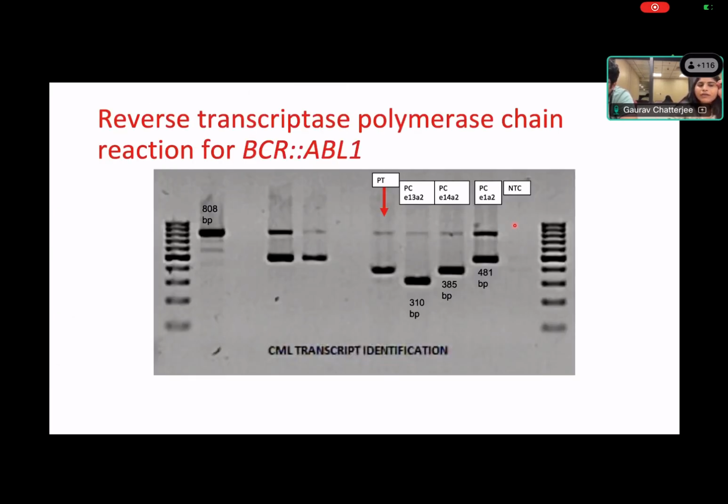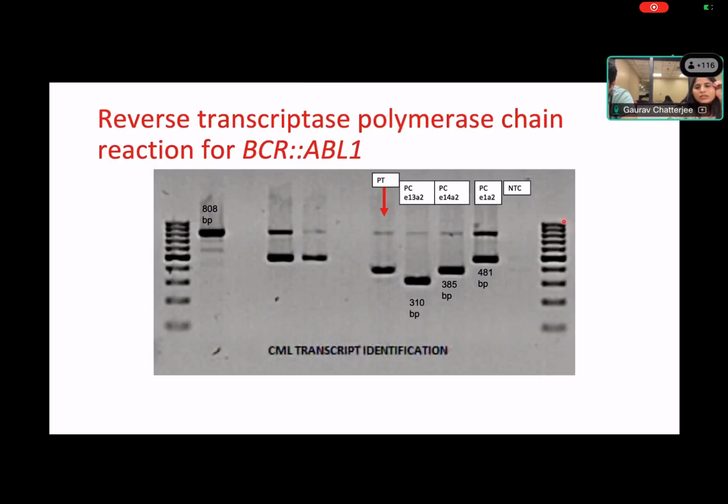Here, if we look at this PCR, Tapan, do you want to interpret? This is our patient. We are getting two bands. First of all, on the right, we have the molecular base pair ladder. This is 100 base pair, this is 200, 300, 400.